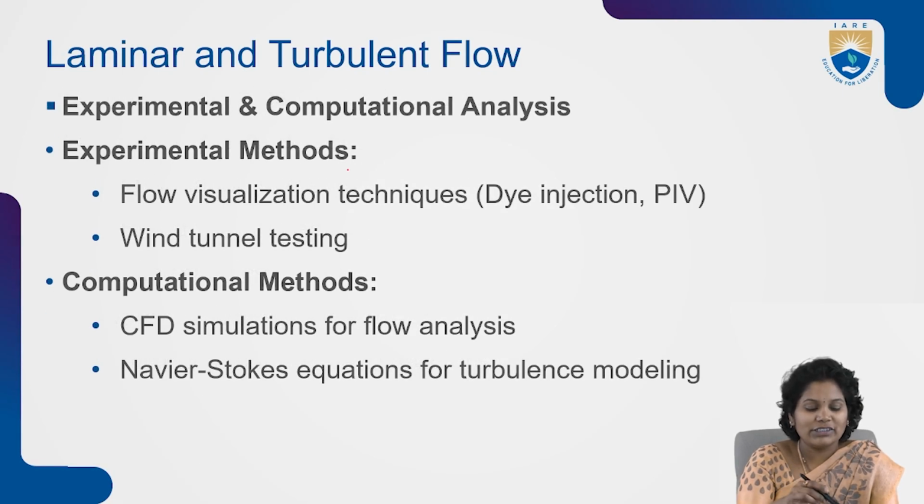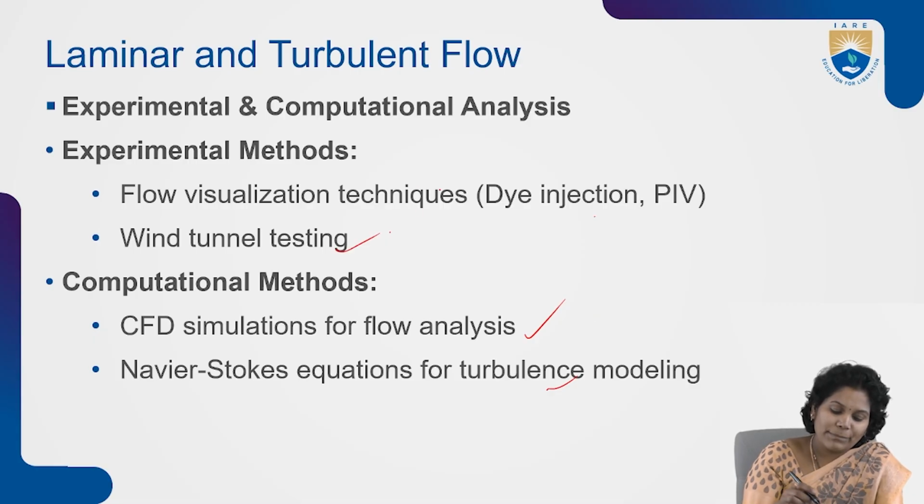The experimental methods are flow visualization techniques such as dye injection and PIV, and wind tunnel testing. The computational methods are CFD simulation for flow analysis, and the Navier-Stokes equations for turbulence modeling.